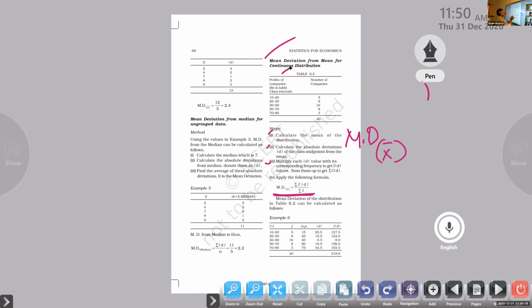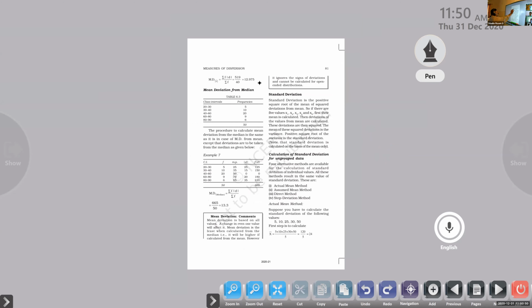So MD X bar is equal to sigma FD, D is absolute values, divided by sigma F. So you got two numbers here. What is that? See here. MD X bar is equal to sigma FD divided by sigma F.